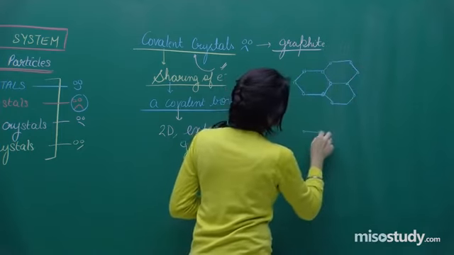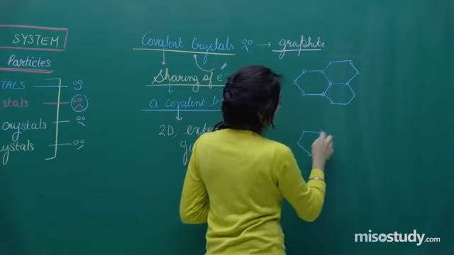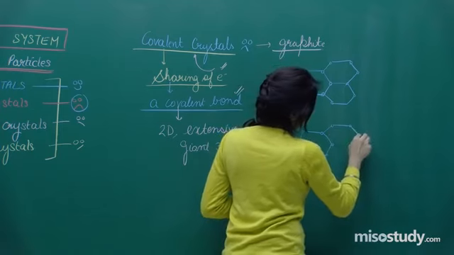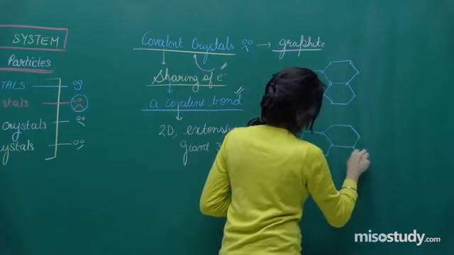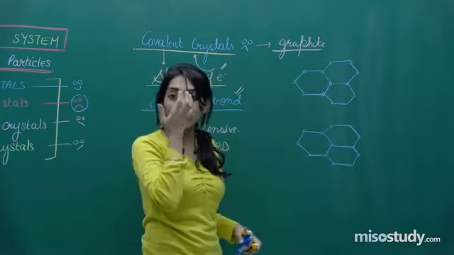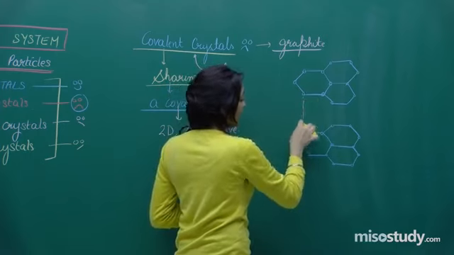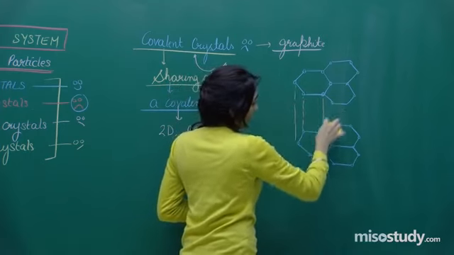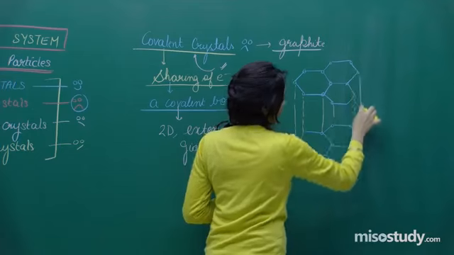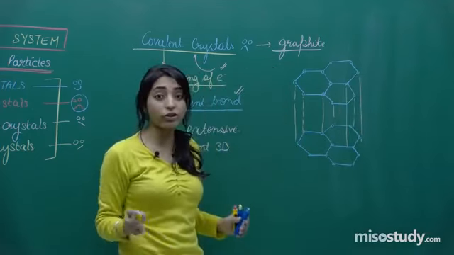So let me simply draw the hexagonal layers here as well. Something like this, and then something like this. These layers will be repeated again and again, and there may be interactions taking place between them. So this is the structure of graphite.